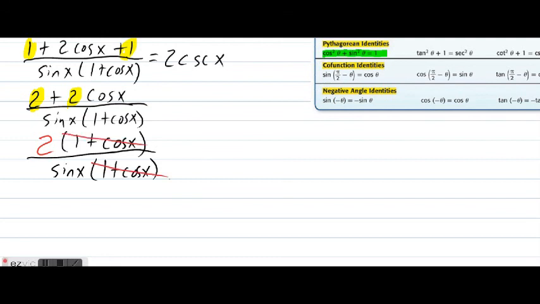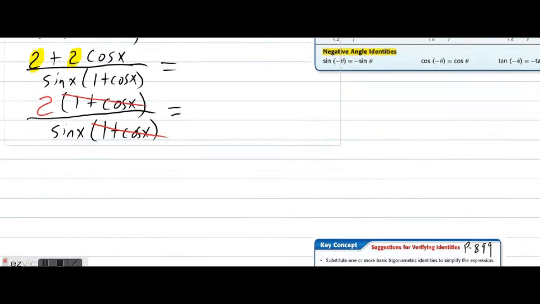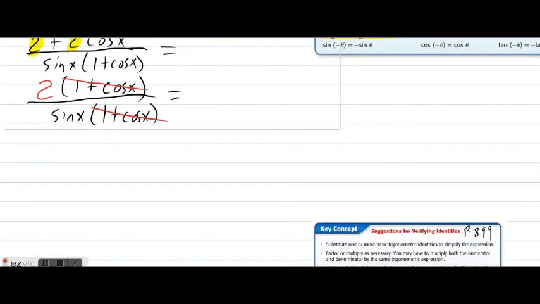Those cancel on us. So we're simplifying this thing. It's an ugly problem, but it's getting less and less. So then I'm left with 2 times, now I'm just going to rewrite this just so that it stands out a little bit more.